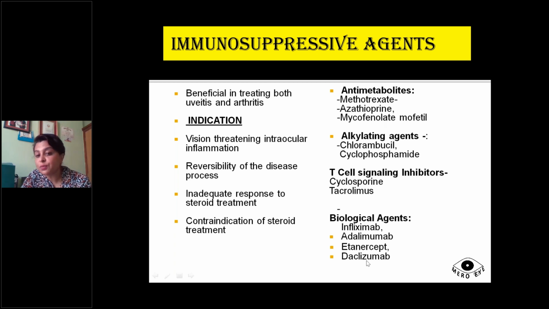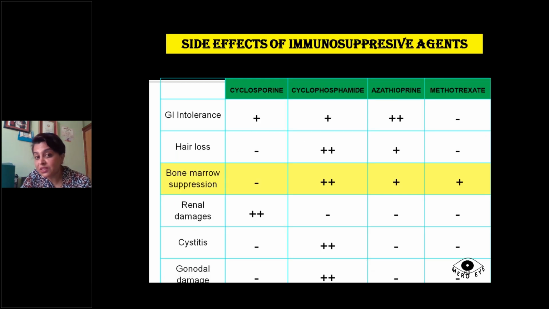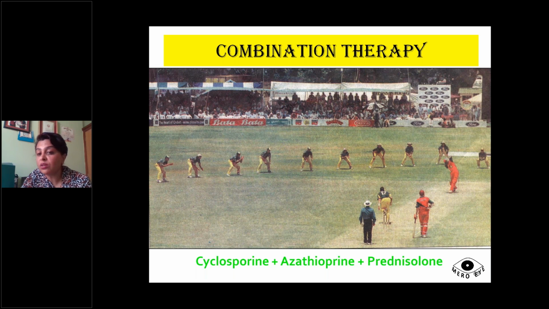We also have the experience with the biological agents, but before giving immunosuppressive agent, you have to counsel the patient about the side effects, and you need to check the blood parameters, especially the bone marrow suppression, and the liver functions and the renal functions periodically. Sometimes you may not be able to get control of uveitis with just one immunosuppressive, and at that time combination therapy is the preferred choice along with the steroids.